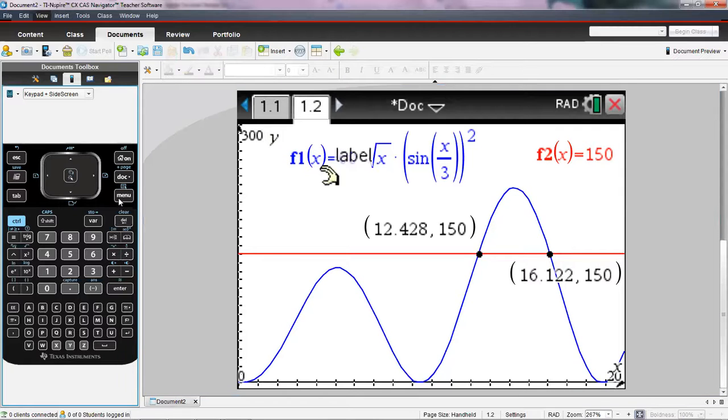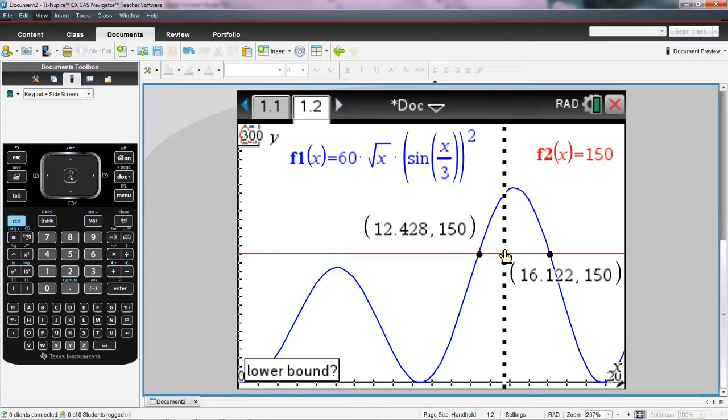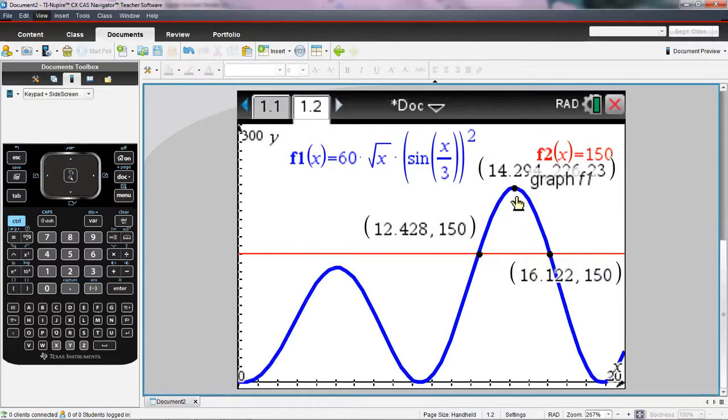Menu, analyze graph, maximum, from here to here. So my maximum is 226 cars, 0.23. And here you have 150. So in this time it is 199. So it's a value in between these two, 150 and 226. You see, it's between these two. So that's an average. Okay.